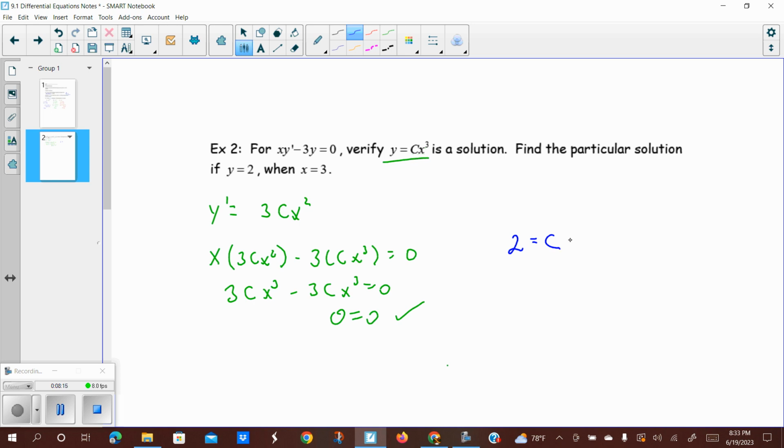We'll plug in 3 for x, so that's 3 cubed. So 3 cubed is 27, so we're going to get 2 equals 27c. Dividing by 27 gives us that c is 2 over 27. So our particular solution is y equals 2 over 27 x cubed.